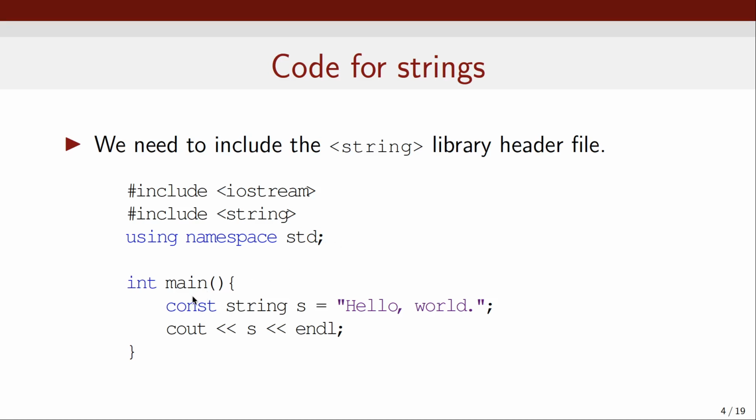Then, in the main function, we can declare a constant variable of the string type and name the variable s, and then initialize the variable to the value hello, world, and put that inside quotes. And then if we try to cout that variable, we're going to get hello world displayed on the screen.